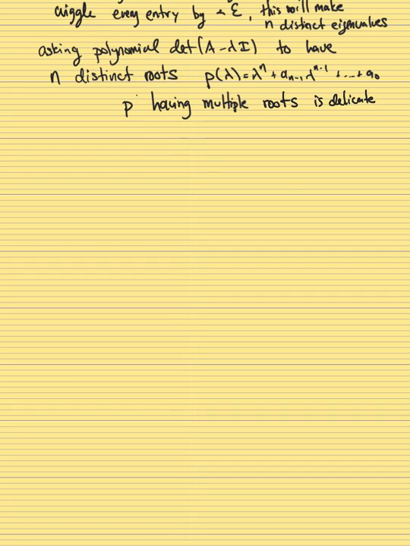You can see this in the case of degree 2 very simply. If p of lambda is a lambda squared plus b lambda plus c, this is just true for polynomials, then the condition that there's only one root is exactly b squared minus 4ac equal to 0. But notice this is quite an exact condition.